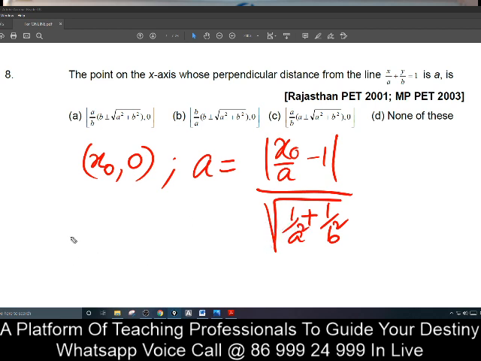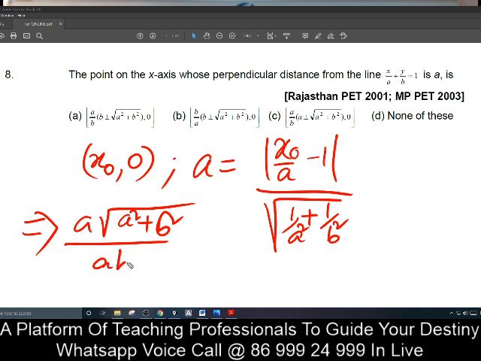Okay, now simplify this to get x naught. What is that? A into root over a square plus b square by ab. Brought it outside the root. Okay, is equal to 1 by a into modulus of x naught minus a.